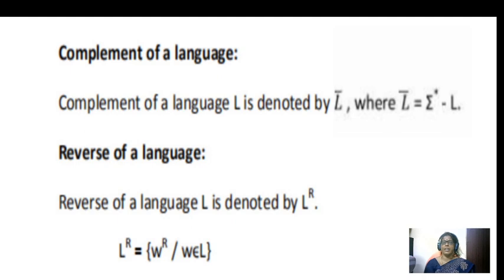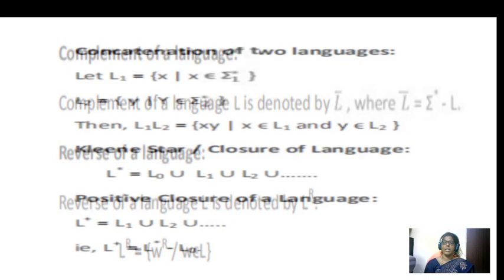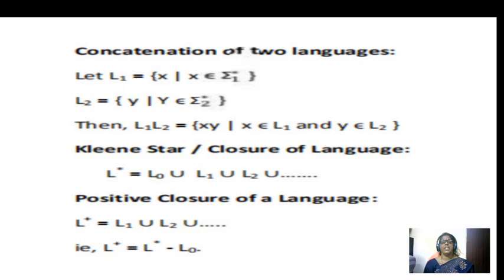Concatenation of two languages, which you have already completed, is just a product, like L1 L2. Kleene star, or Kleene closure, of a language includes all languages, including the epsilon language, the empty language. The positive closure of a language, L plus, is L star without the empty language L0.